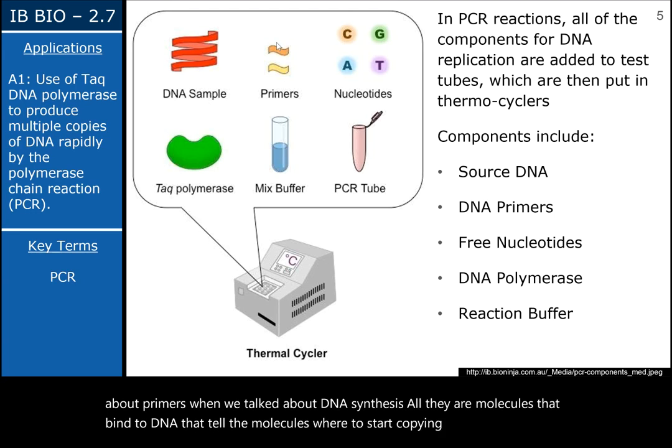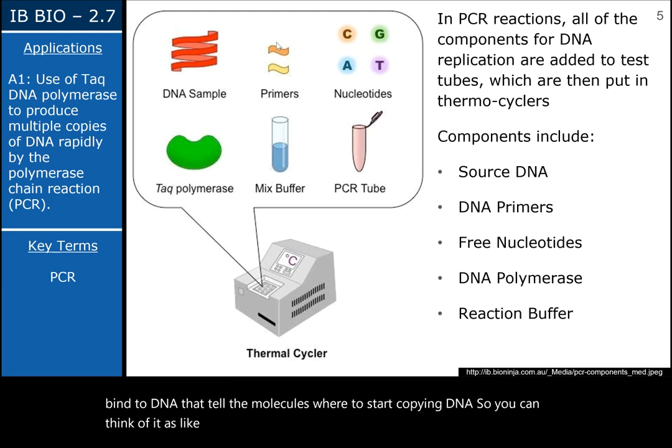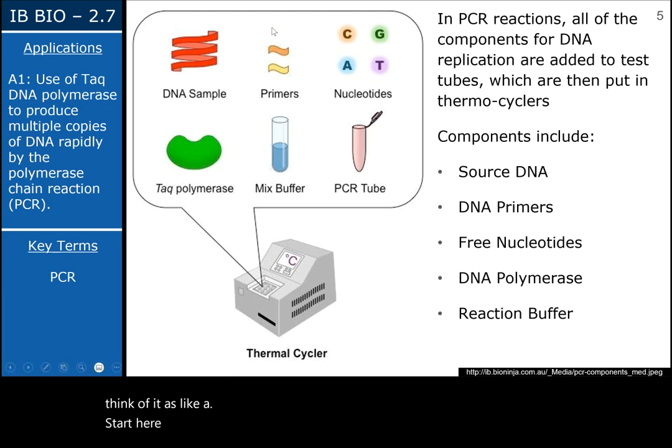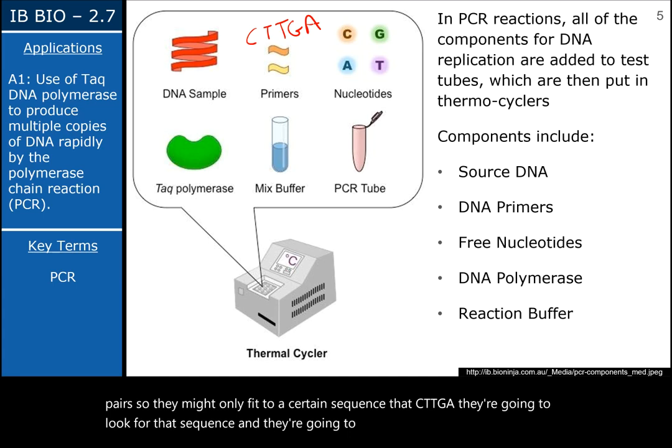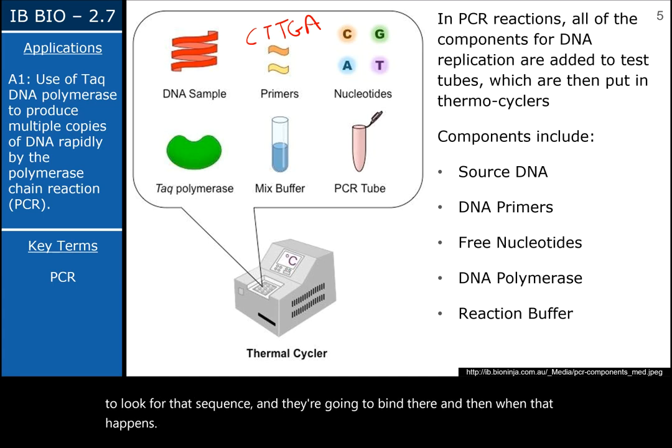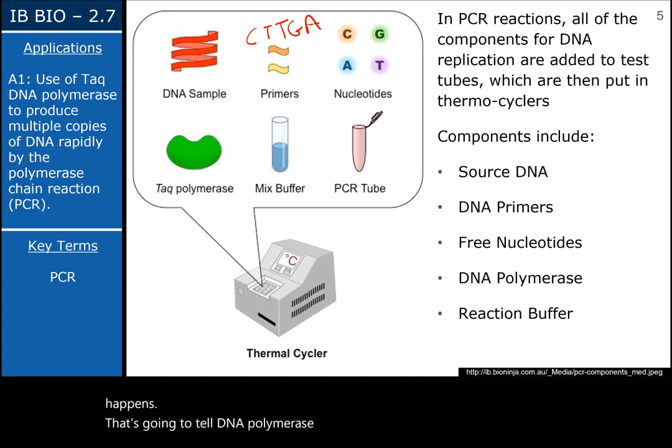So you can think of it as like a start here button, right? And those primers fit to a certain sequence of base pairs. So they might only fit to a certain sequence that's CTTGA. They're going to look for that sequence and they're going to bind there. And then when that happens, that's going to tell DNA polymerase, okay, this is where you start adding copies.